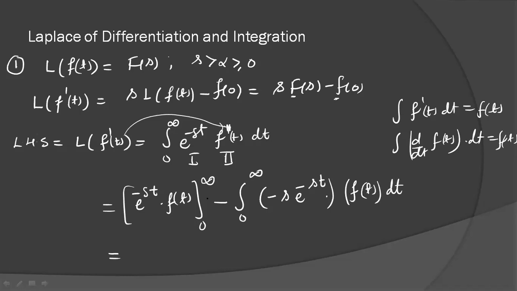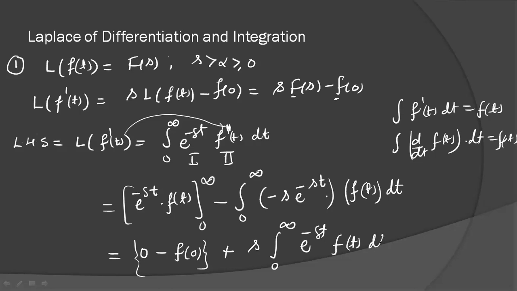As you apply the upper limit, it will go to e to the power minus infinity, and f(t) is not growing faster than the exponential function, so it will go to 0. Minus, at the lower limit, e to the power 0 is 1, so f(0). Minus minus plus, s you can take outside because we are integrating with respect to t only, e to the power minus st f(t) dt.